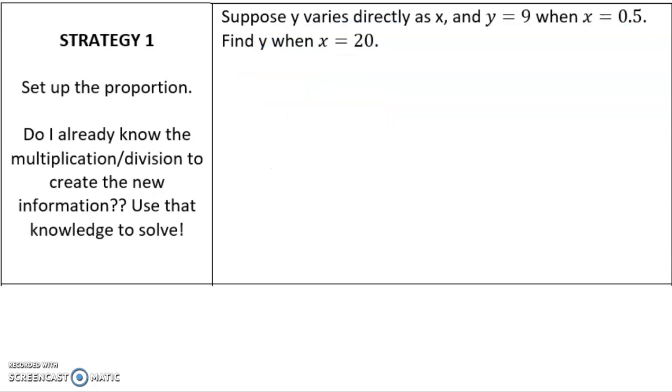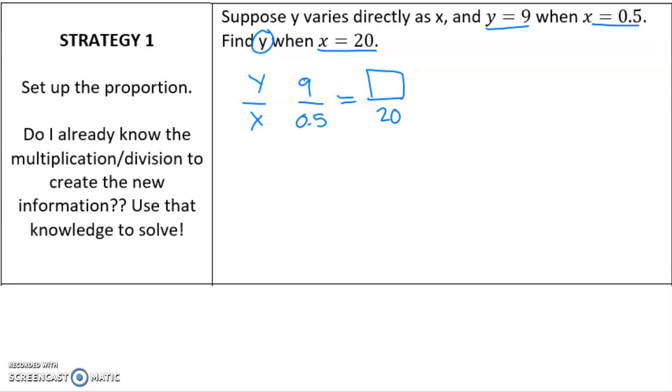Okay, so let's do it again. Suppose y varies directly as x. When y is 9, x is 0.5, putting them in the spots they belong. Find y this time. So I don't know my numerator when x is 20.